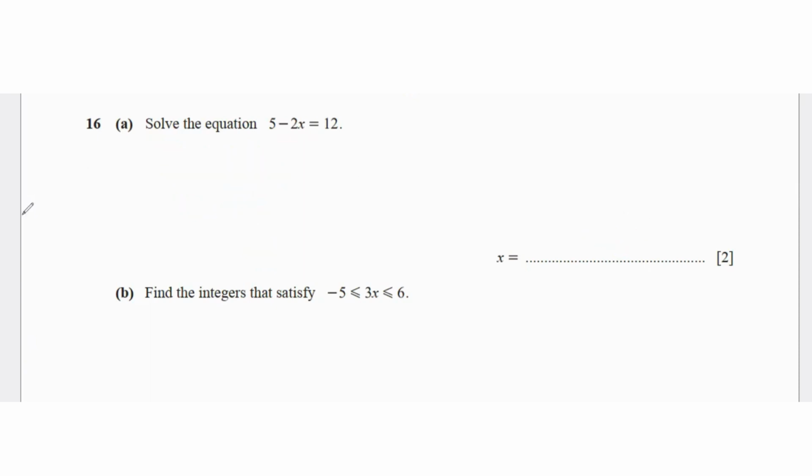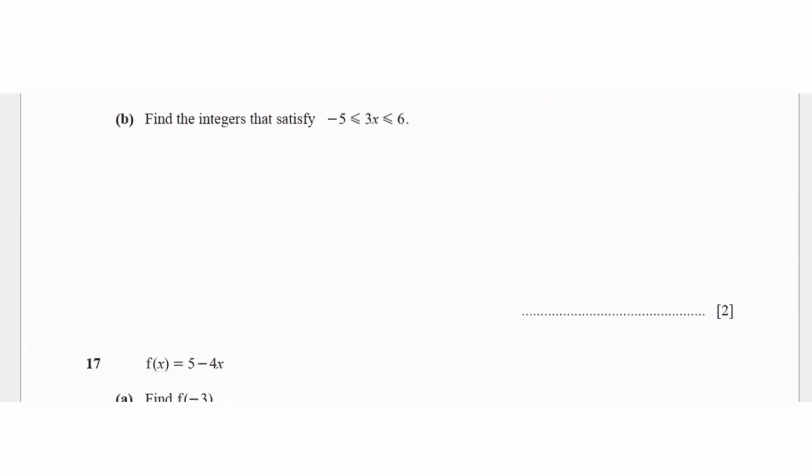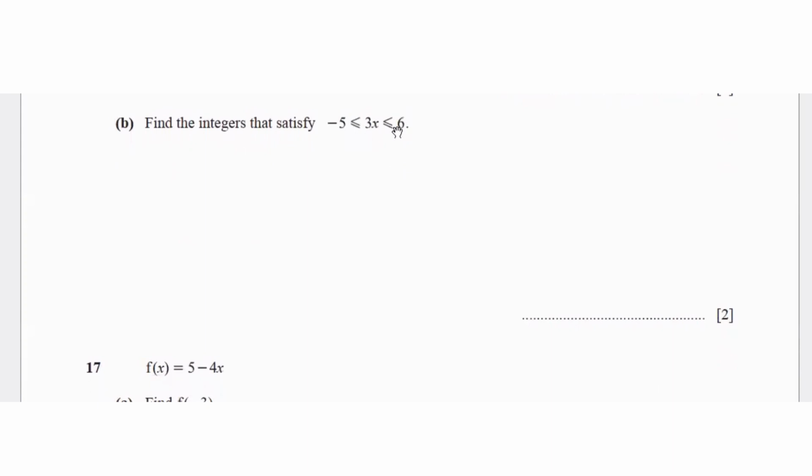Then in the next part, it says find the integers that satisfy 3x less than or equal to 6 and greater than or equal to negative 5. So what we do is we need to make x the subject over here. So we need to get rid of the 3. I'm going to divide all 3 terms by 3.